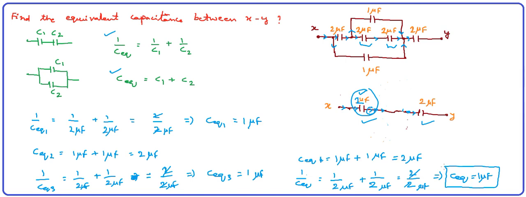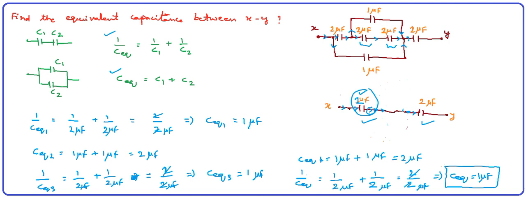Of course, for resistors and inductors in series, equivalent resistance and equivalent inductance are simply the sum. But if they are in parallel, 1 by R equivalent is equal to 1 by R1 plus 1 by R2, and similarly 1 by L equivalent is equal to 1 by L1 plus 1 by L2. But coming to capacitors, it is simply reversed.